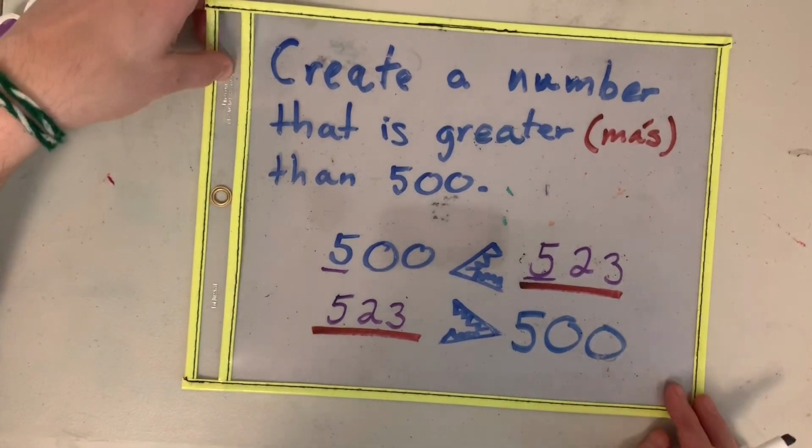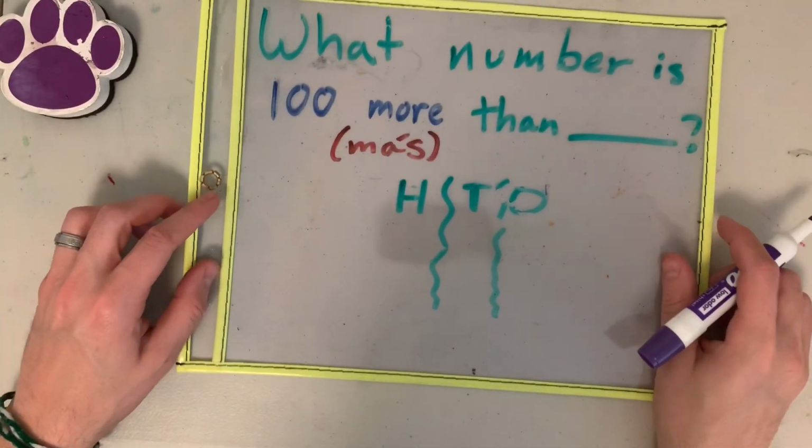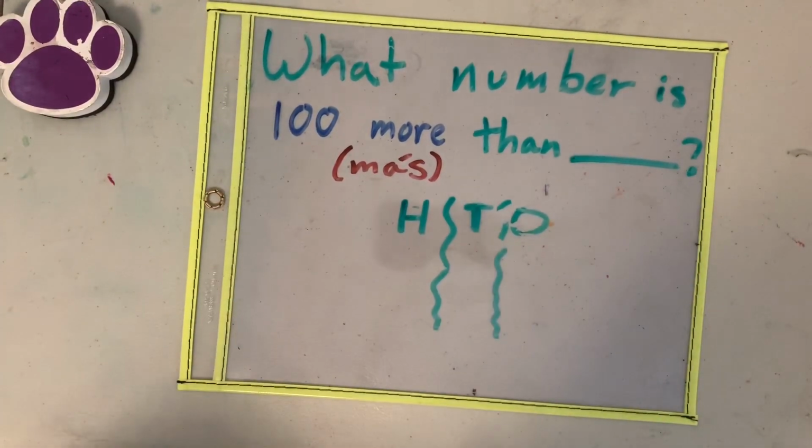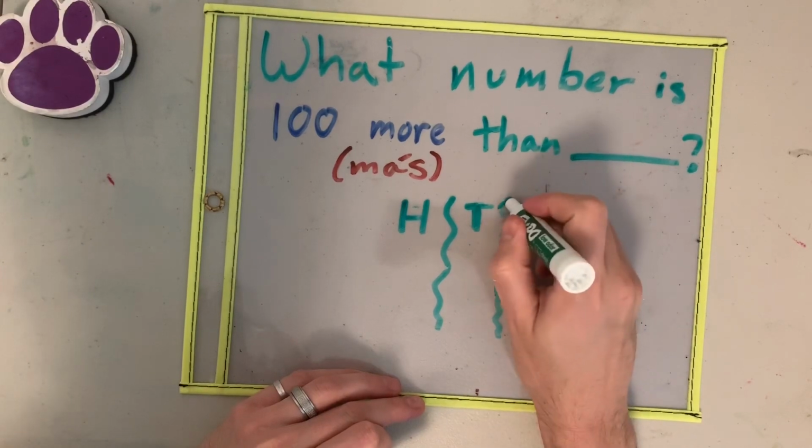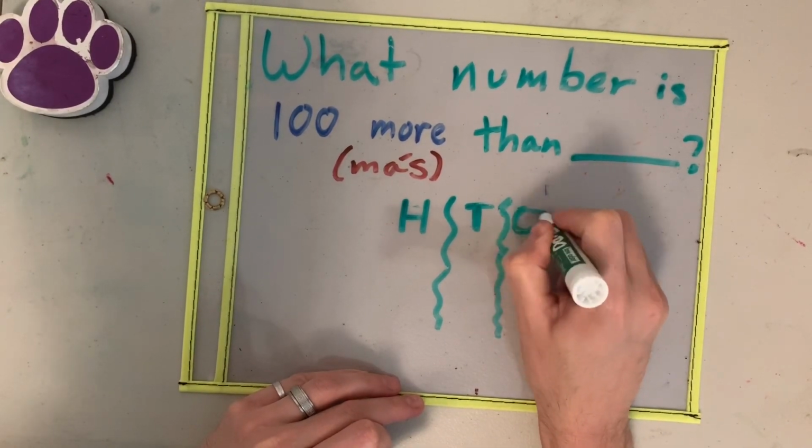Now with this number, we're going to do 100 more and 100 less. The first thing that we're doing is 100 more. Let me fix this. Got a little bit erased. The HTO.